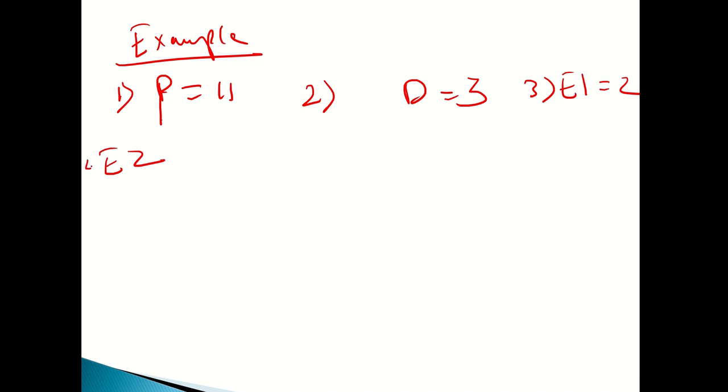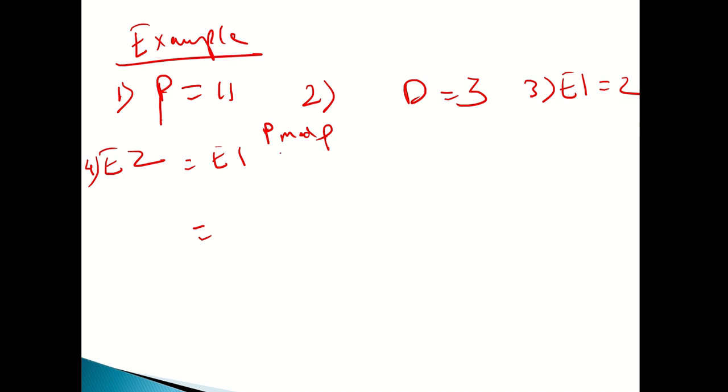So the third part of the public key, E2. This is step 4, I think. E2 is equal to E1 to the power D mod P. Now we need to calculate this.